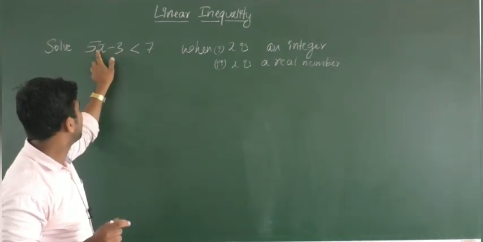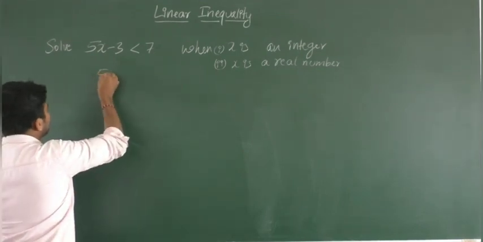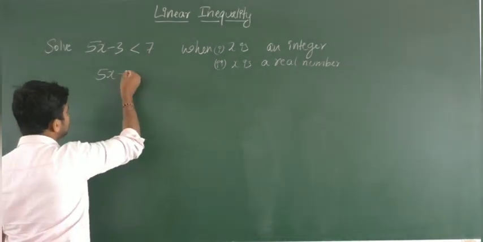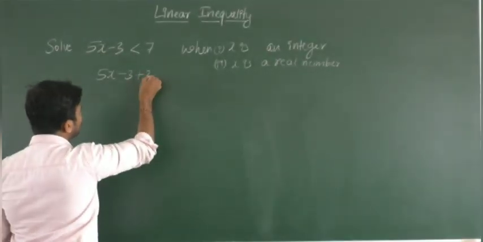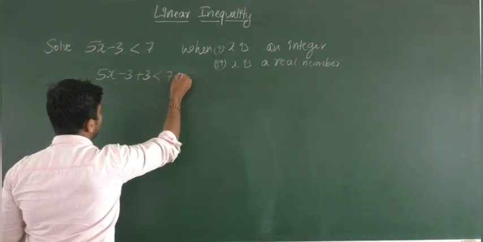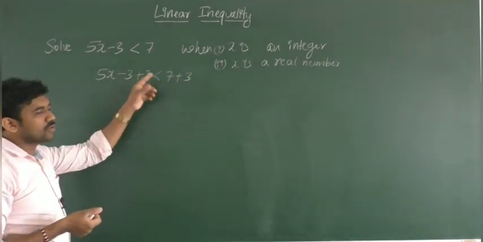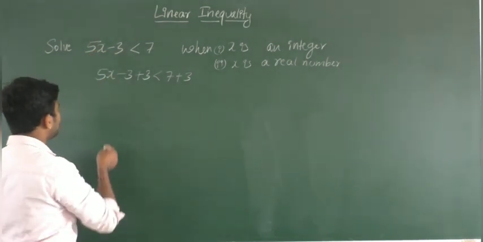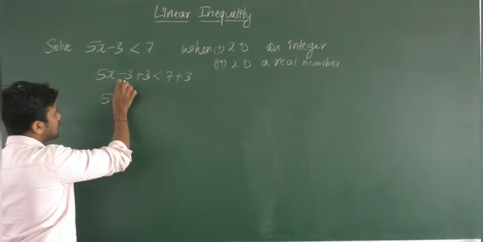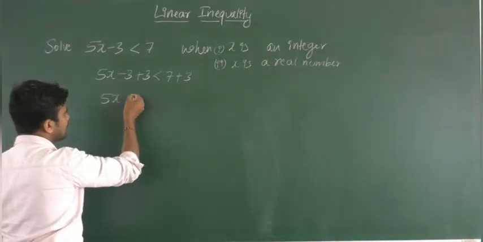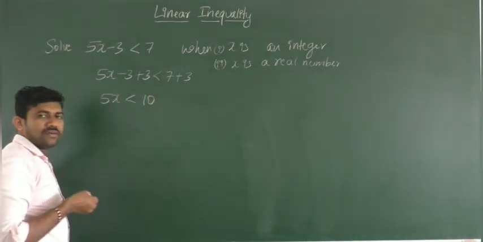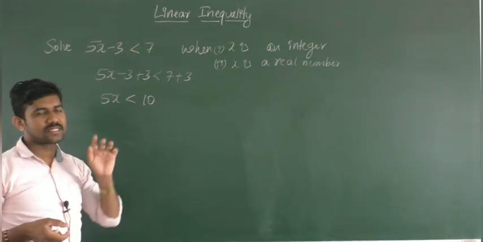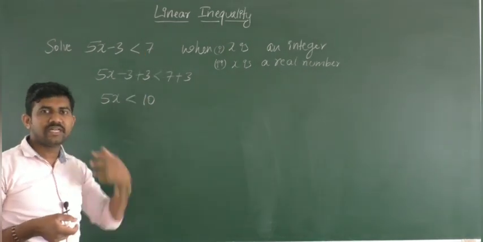See, first, bring the term minus 3 to the other side, or we can do it like this: adding 3 on both sides of the inequality to remove the constant here. Then it becomes 5x minus 3 plus 3 cancels, less than 10. Or else we can just bring minus 3 to this side, it becomes plus 3, so 7 plus 3 is nothing but 10.